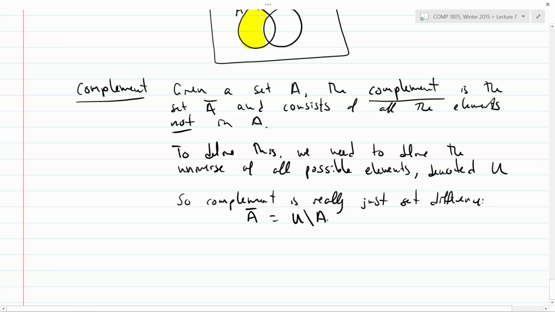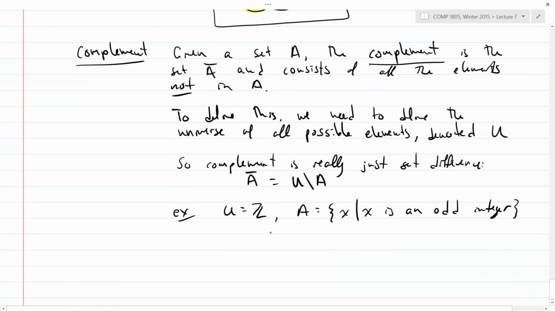So if you had the set of all integers as your universe, and A is the set of all odd integers, then A complement is just the universe minus A, which would be all x such that what? So x is an even integer.